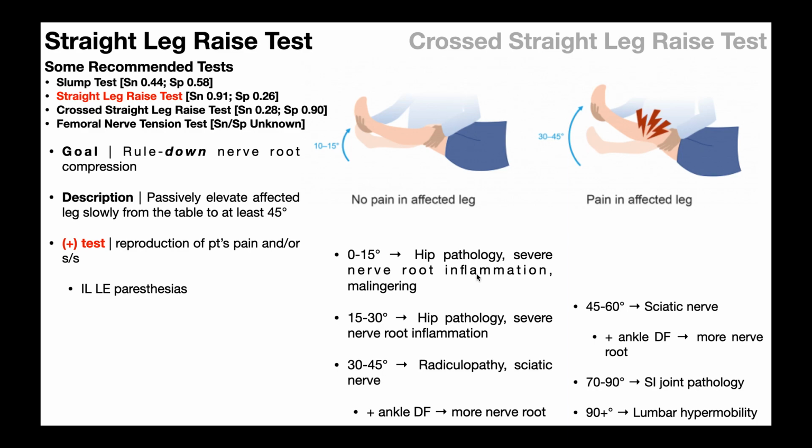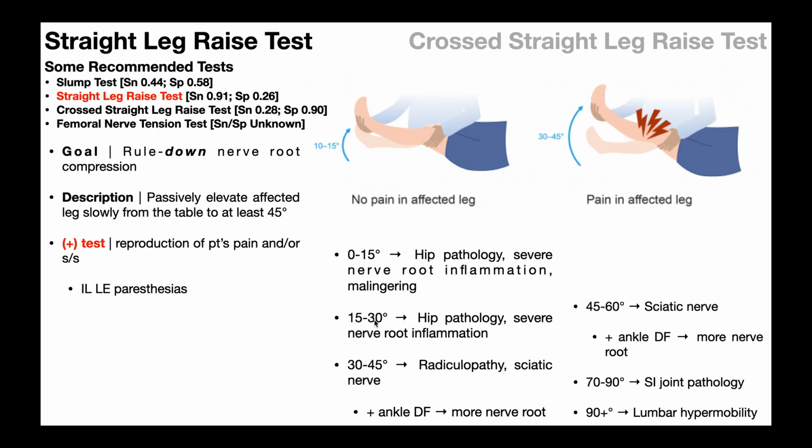Again, I would expect to have those paresthesias if they're present between 30 and 45 degrees. But if the nerve root inflammation or damage or irritation is very severe, you could have it before that 30 degrees. It also could be malingering, so the patient is just grossly exaggerating their symptoms or lying about them for some personal reason. Okay? But this is also not very common.